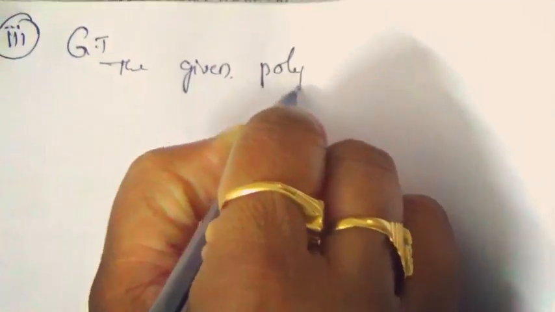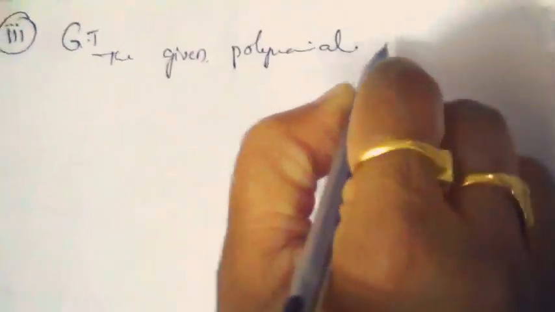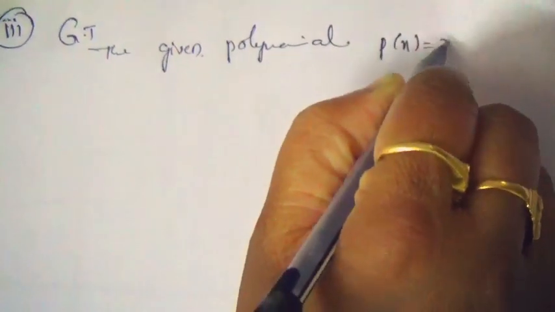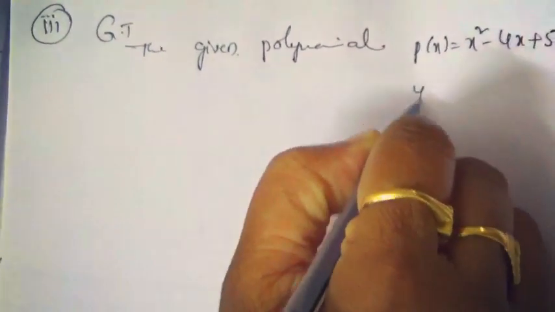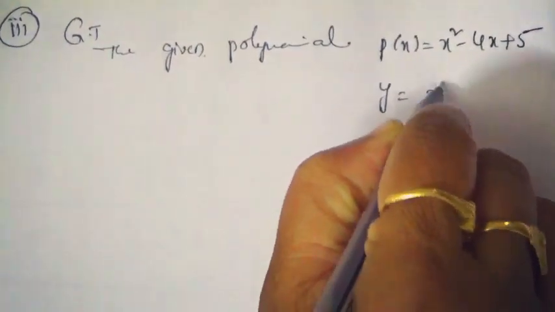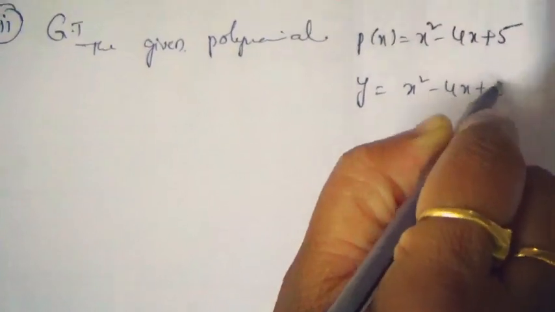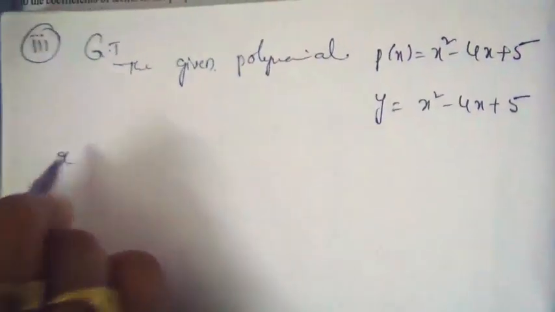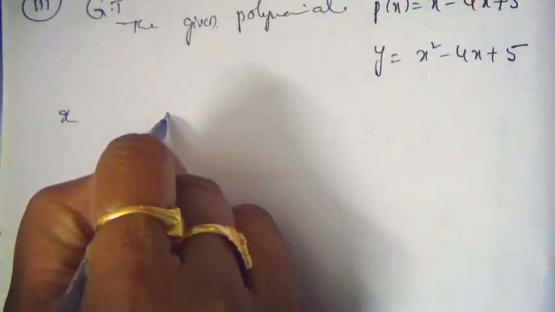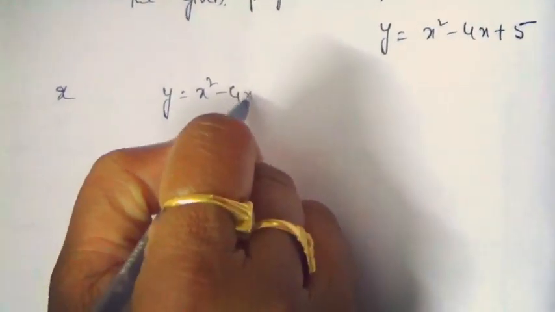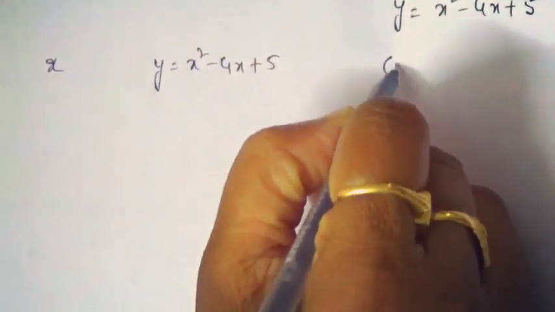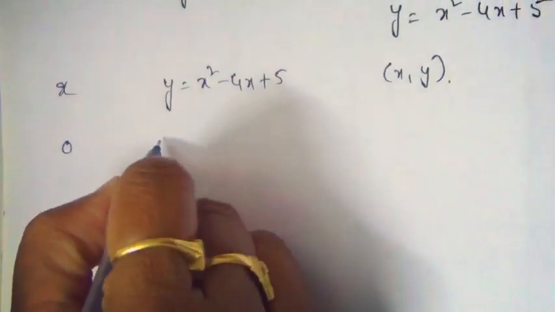So the given polynomial is p of x equals x square minus 4x plus 5. Let us take this as y equals x square minus 4x plus 5. The table for this polynomial: the coordinates are x comma y. First I take x as 0.